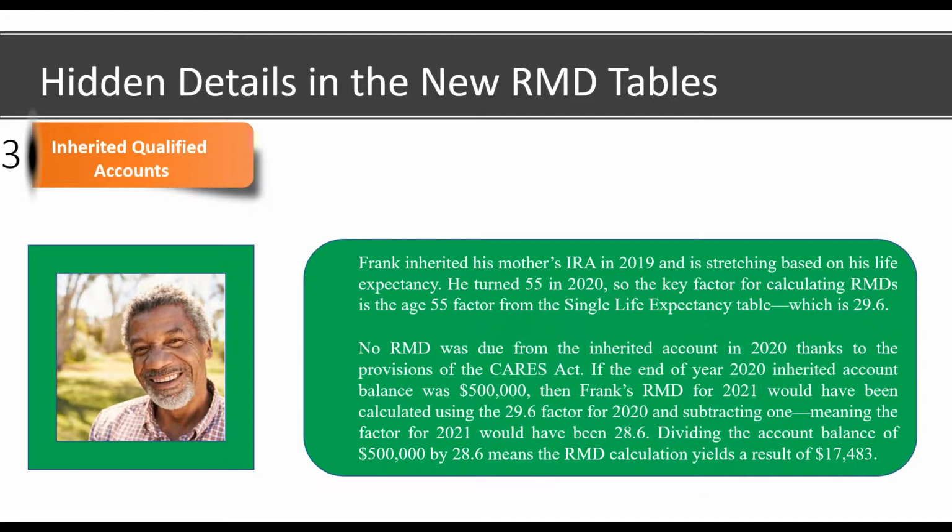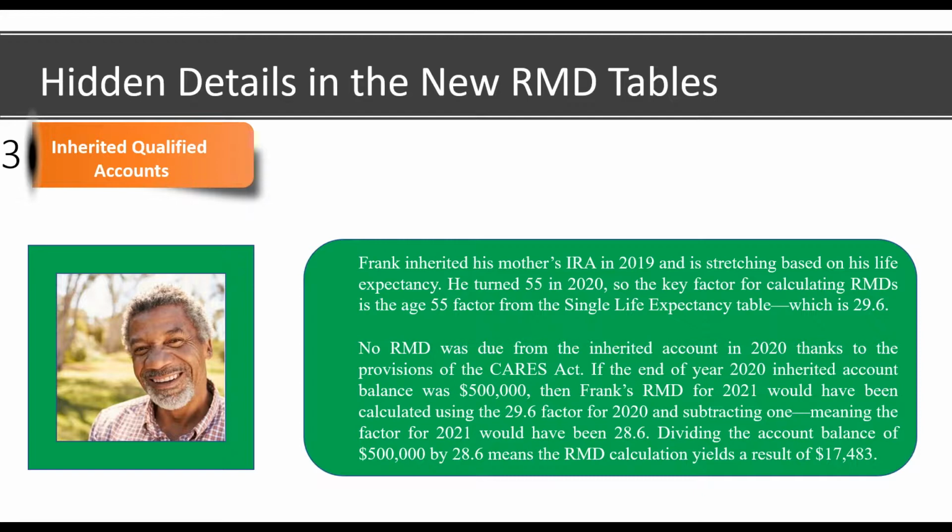He did need to take one in 2021. And the way that that's calculated is you use the beginning life expectancy factor, the age 55 factor from 2020, that was 29.6, and you'd subtract 1 from the beginning factor and come up with 28.6.